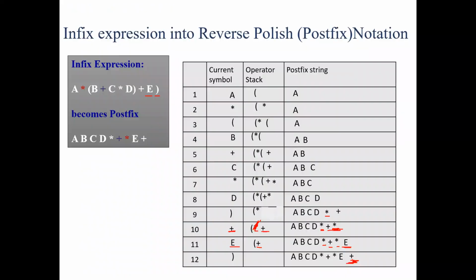When you encounter a right parenthesis, pop out all the operators from the top of the stack until you reach a left parenthesis. So we will be popping out and printing the addition operator. After that, we have a left parenthesis, which you just pop out. You will not print it. Okay. I hope it is clear.